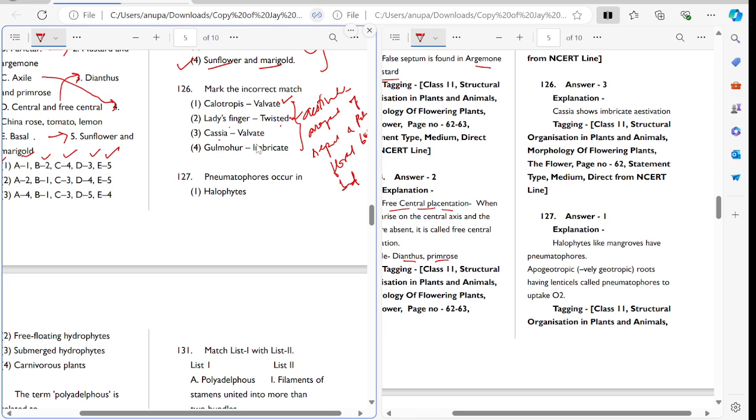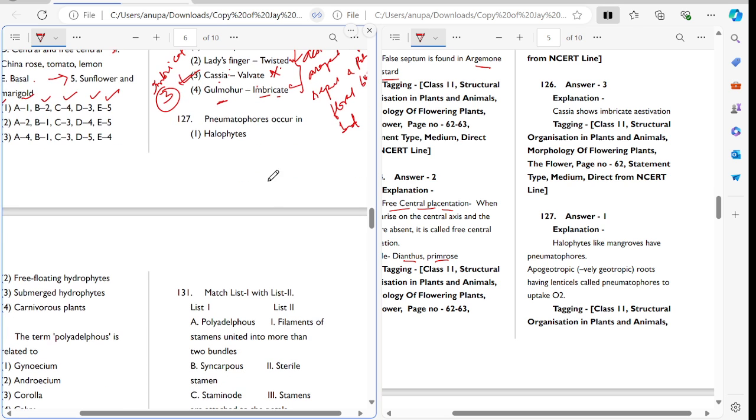Third is cassia valvate: this is wrong because in cassia imbricate type of aestivation is found, so this match is not correct. In the fourth option, gulmohar imbricate: this is also correct. We have to find the incorrect match, so the incorrect match will be option number 3. Our answer will be option number 3.